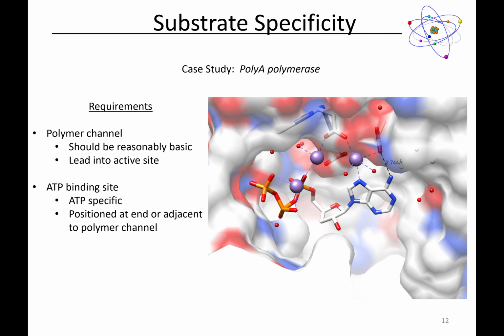So the positioning of this magnesium ensures that we're recognizing a purine, not a pyrimidine. So we immediately get rid of CTP, TTP, and UTP. And the positioning of this hydrogen bond acceptor ensures that we're looking for a hydrogen bond donor, adenosine, not a hydrogen bond acceptor like guanine.